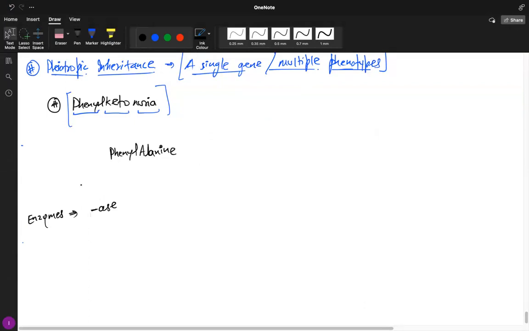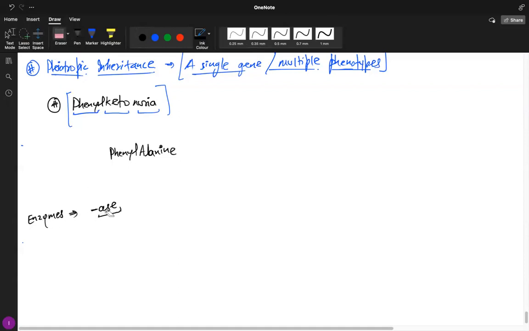Amylase, salivary amylase, gastric amylase, right? Peptidase, hexokinase, glucokinase. Do you remember these enzymes? Lipase, nuclease. Yes, sir. So ase refers to that it's an enzyme.